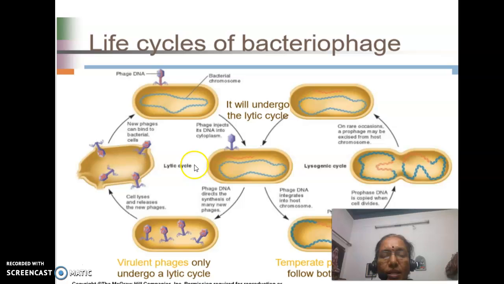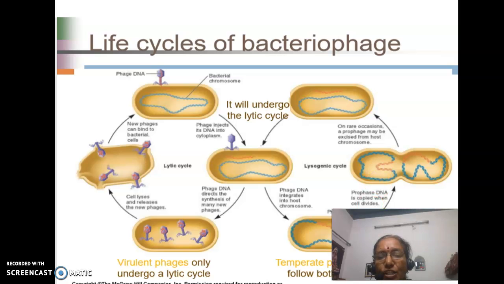In contrast to this is the lysogenic cycle, where you don't have any multiplication of the phage particles, but after the viral DNA is injected into the host cell, it gets inserted. This insertion is very important, and because of this the viral DNA becomes inactive. In this state it can stay for a long time.